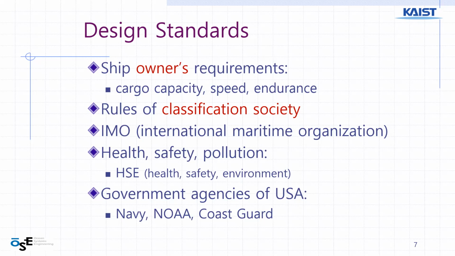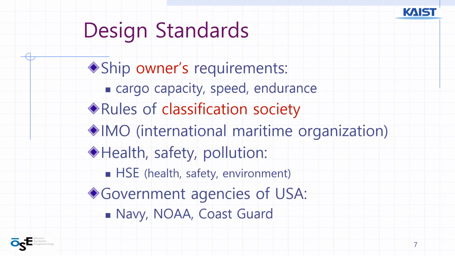You can think about when you buy your smartphone. What are your requirements for your smartphone? In terms of screen size, buttons, weight, color or something. Right? That kind of basic wish list, we can say, is the owner's requirement of a ship.